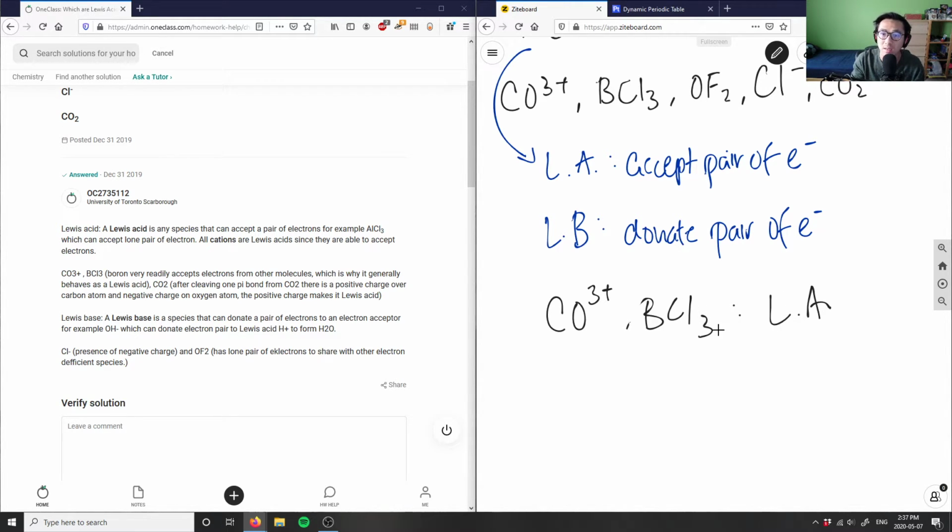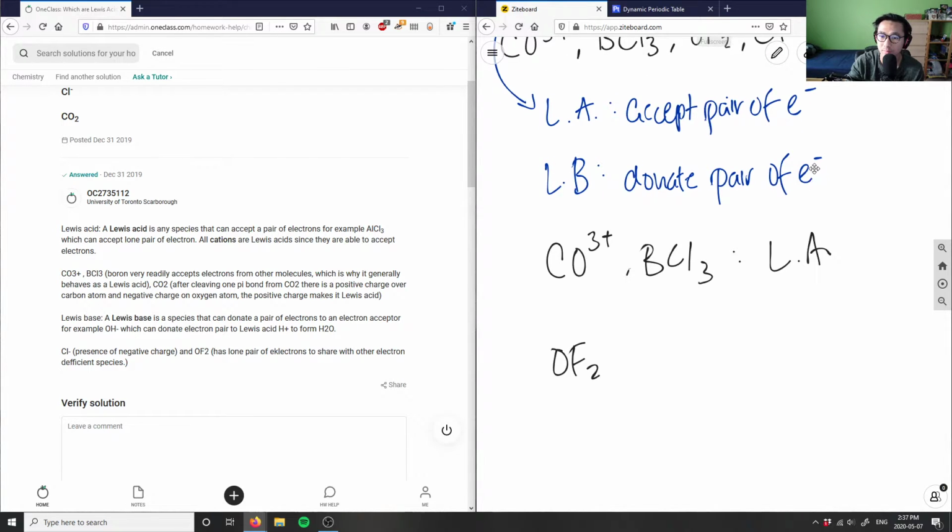So Lewis acids. Let's go to OF2 here. So let's look at OF2. Again, if I'm looking at the Lewis structure here, I have O bonded to F here, and then I have a lone pair here and a lone pair here, right? So in this case, Lewis bases can always donate a pair of electrons to an electron acceptor, right?